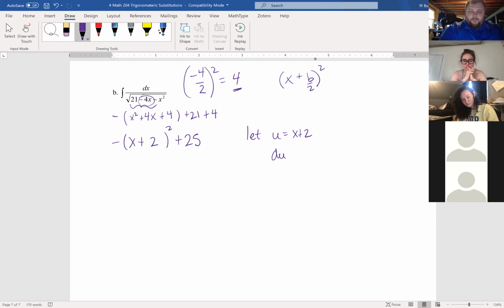So du is just dx. Let's plug this all back into the integral now. Dx on top is just du. And all of this was under the radical, right?